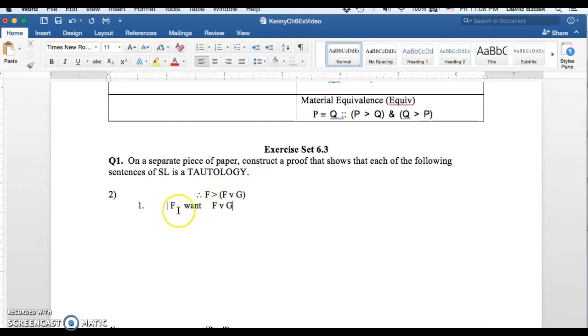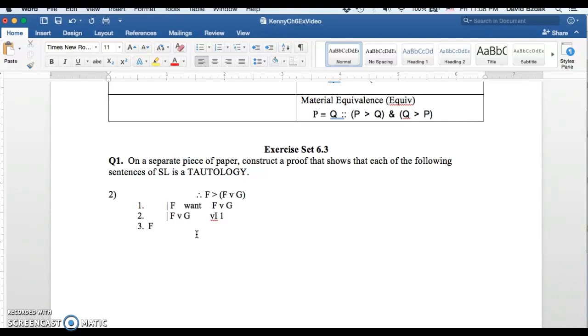So we have F, we want F or G. And hopefully you can see that it's very easy to derive F or G if you have F. Namely, you just use the disjunction introduction rule on line 1. The disjunction introduction rule says any sentence you have can be put into a disjunction with any other sentence. Because if F is true, then we know F or G is going to be true. And so that's it. We got what we wanted.